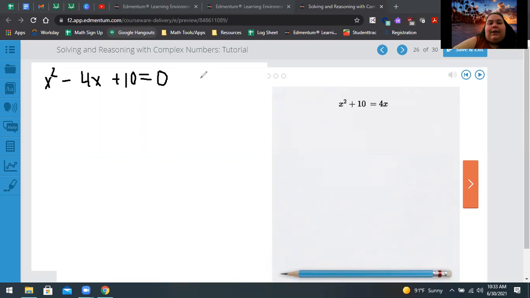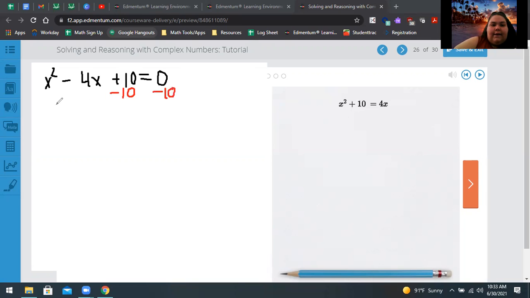If you think about your a, b, and c, we're going to move the c to the other side. ax squared plus bx is only going to stay on one side. The c moves over. So our c is 10, as we identified before. So plus 10, I'm going to move it to the other side by doing the opposite, minus 10.